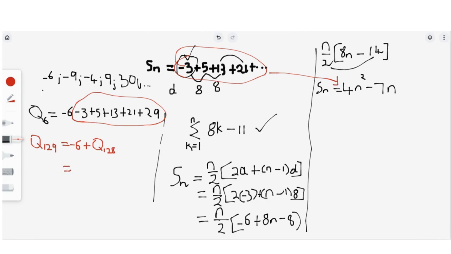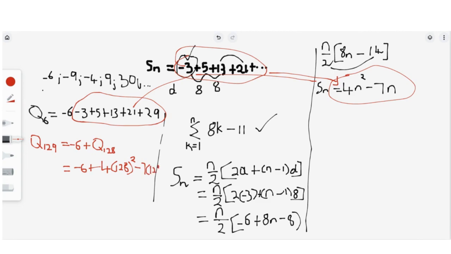So we have minus 6 plus, since this term is the same as the one we calculated the general term for, 4 times n squared, where n is 128, minus 7 times 128.